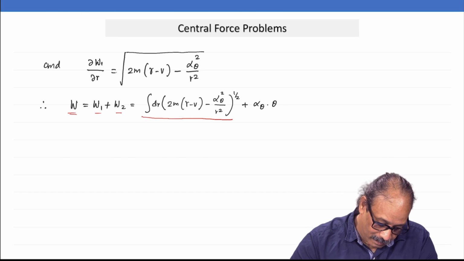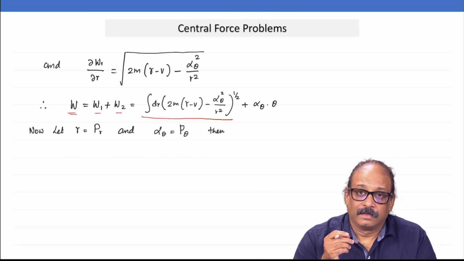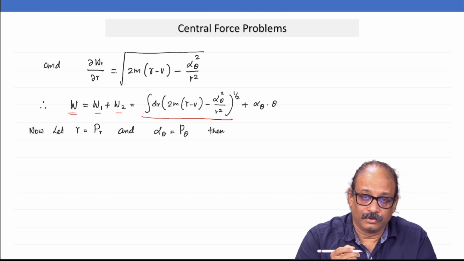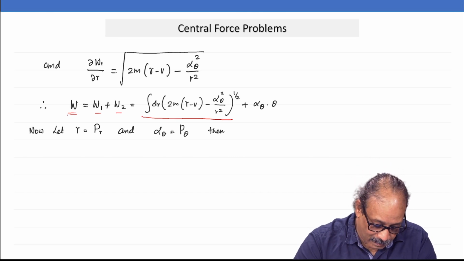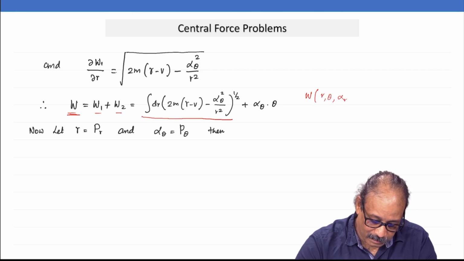Okay. Now, we have got this W in terms of r, theta and the constants alpha r and alpha theta. Okay.